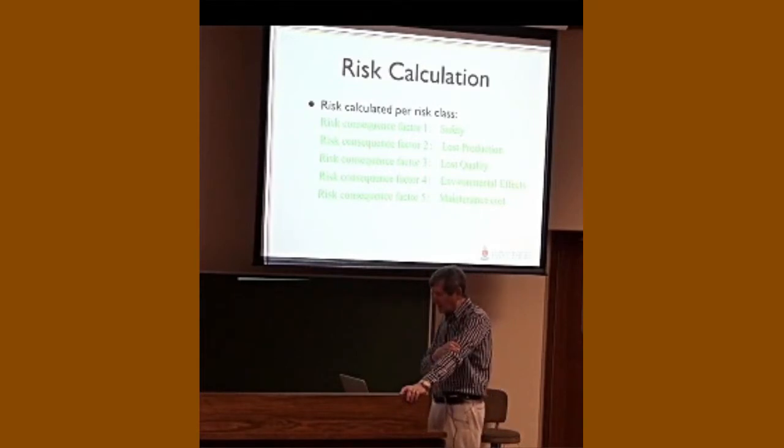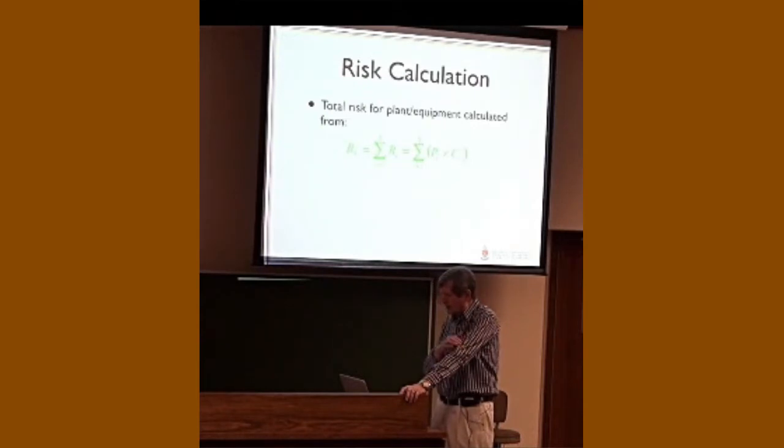If we calculate the risk for each of these factors, being the probability of occurrence of that factor times the consequence if it occurs, and then add together the 5 risk factors, that gives you the compound maintenance risk. Total risk for the plant and equipment is calculated from that equation.